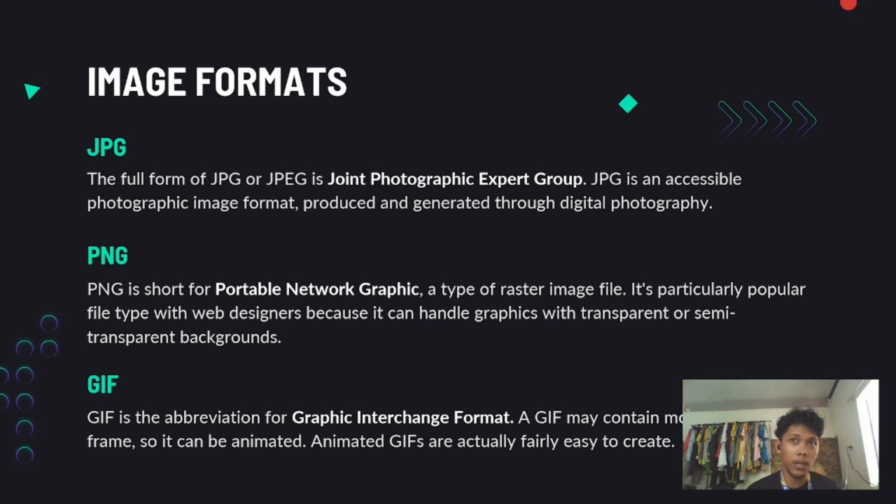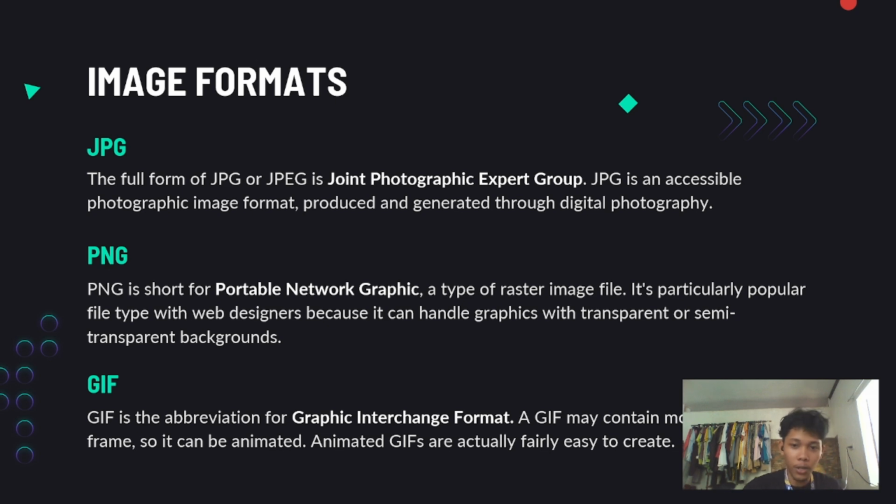It can combine multiple colors and it outputs brighter and better color images using photographic. So PNG, in short, is portable network graphic, a type of raster image file. It's a particularly popular file type with designers because it can handle graphics with transparent or semi-transparent backgrounds.